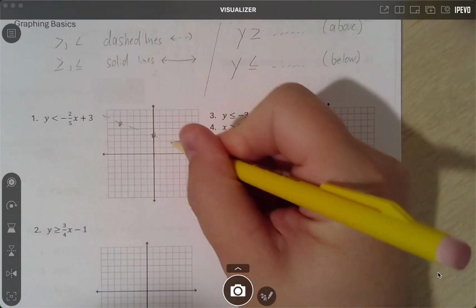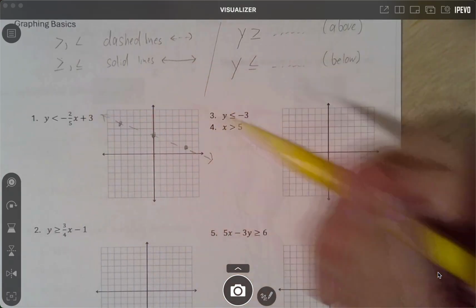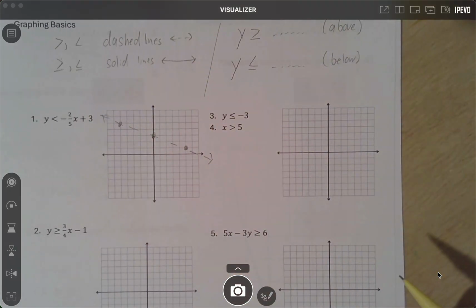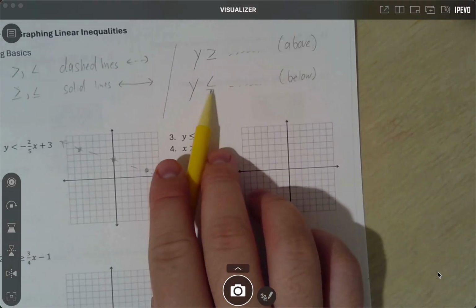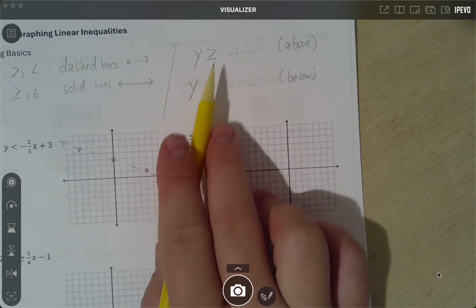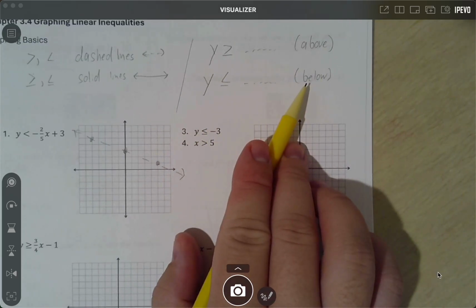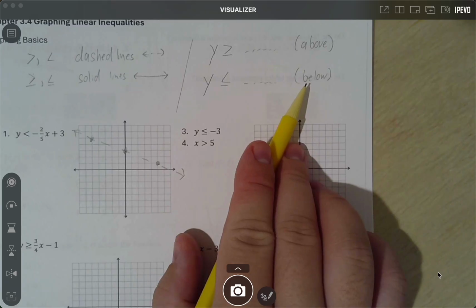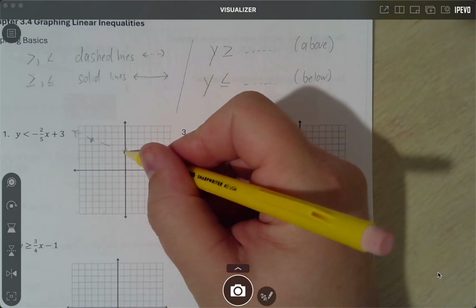Now, you won't be drawing by hand. You'll be using your online tool, and maybe we'll show you an example of that. But there's my dashed line. Now, it says y is less than, so that's this scenario here. It doesn't matter about or equal to or not, but it's got the less than, so I should be shading below my line. Take any point on this graph and move below, or move down.